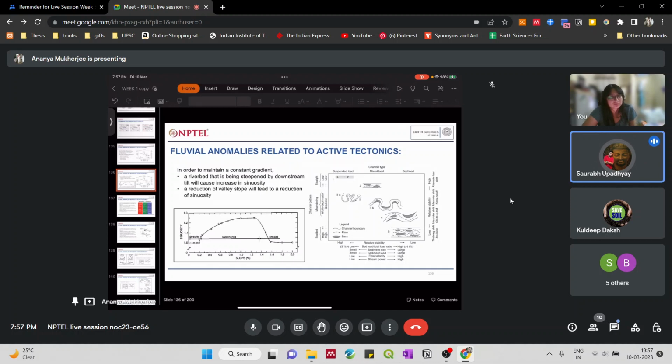But once it comes to the plain surface where the slope is not that high, then probably the river starts to meander and the overbanks or the surrounding regions of the channel are not so resistive. So they also get eroded, and that's why there is a pattern which develops with the river. On one side there is erosion, on the other side there is deposition. So there is a reason why in the mountain region the meanders do not form, and there is a reason why in the plains region meanders form.